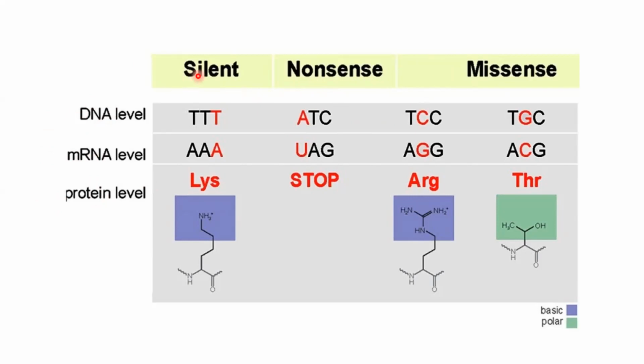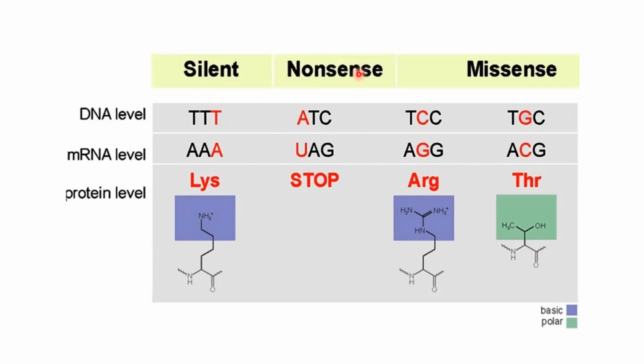Silent mutation means you changed one of the amino acids, but because the code was degenerate, it coded for the same amino acid and no change took place. Silent means no change at the protein level because of the degenerate code. What does nonsense mean?